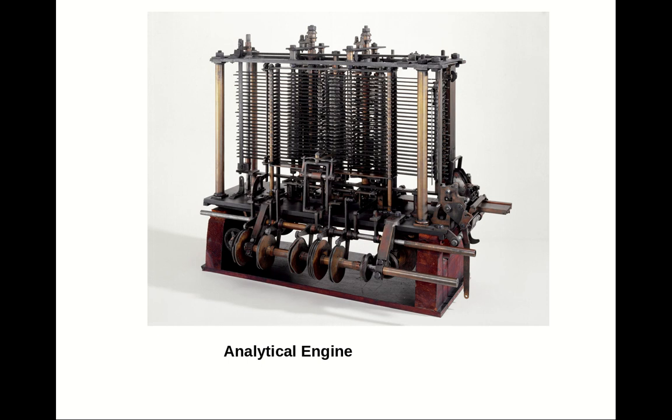Then the first computer that had been planned and designed was the analytical machine of the year 1837. And here you can see a replica of a part of this particular machine.